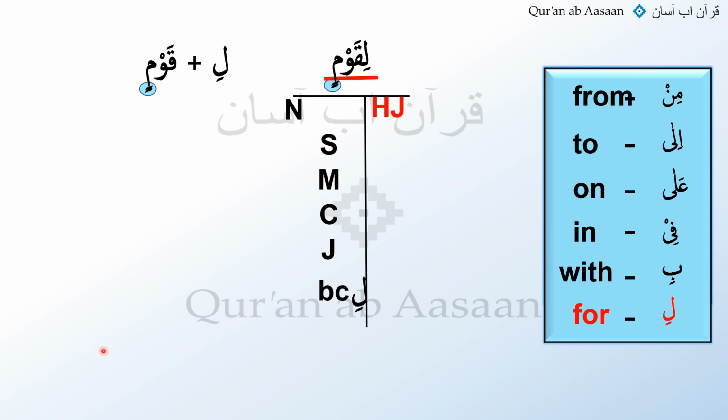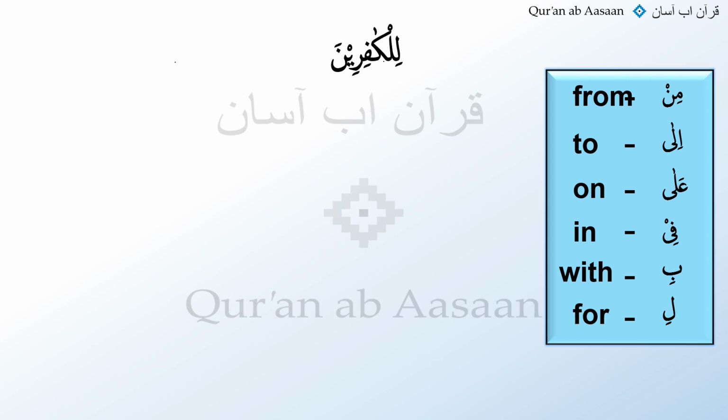It is a murakkab jari and it should be underlined red. Okay, so li qawmin underlined red, and the translation is for. What is a qawm? Nation. Yeah, a nation, for a nation. Excellent. All right. Let's do another one.